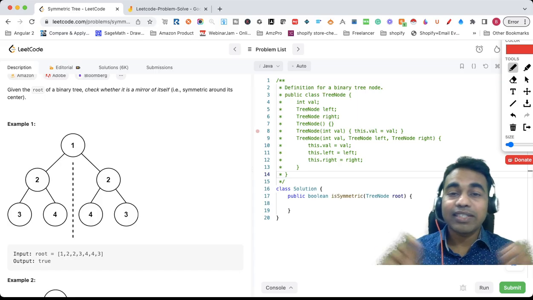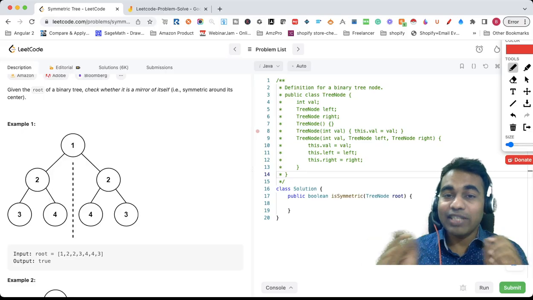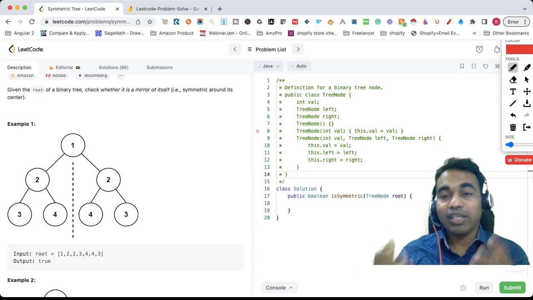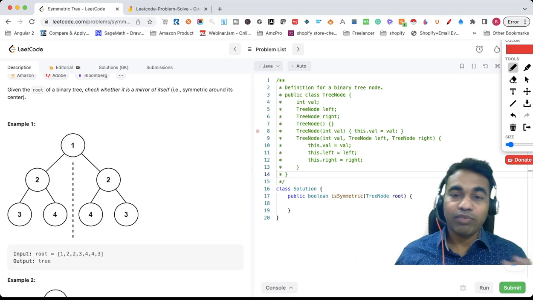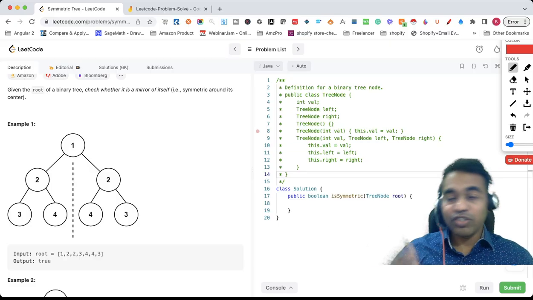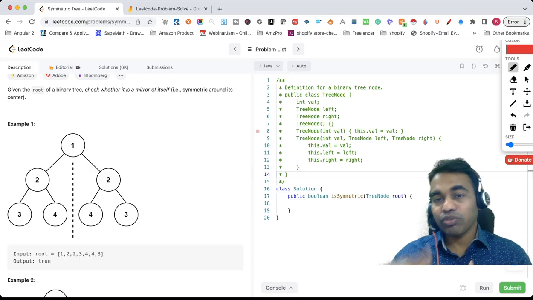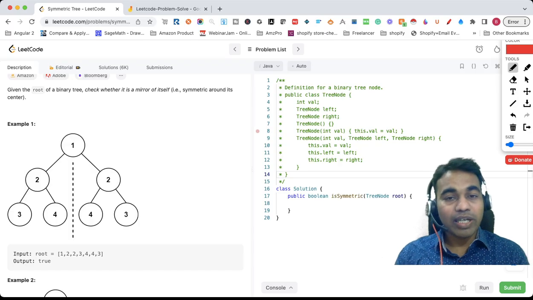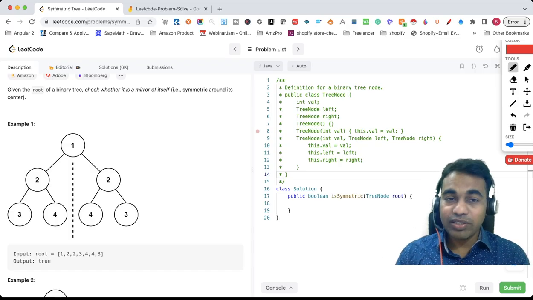And you must also compare the values; both values must be the same. If at any point the value of the left subtree is not equal to the right subtree, then there is no question of going forward, so you can just return false. These are the things you need to consider for the base conditions.